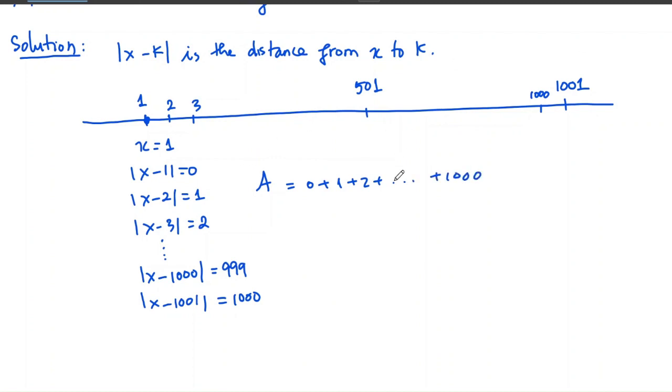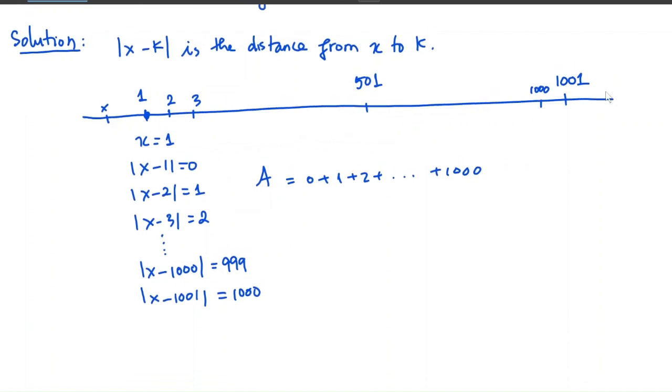And this is A, but let's see if we can find another place. If we have x less than 1, the distance is even bigger, because from x to 1001 it's going to be bigger, so it's not good to pick x less than 1. And similarly for x greater than 1001. So what if we pick x between 1 and 1001?